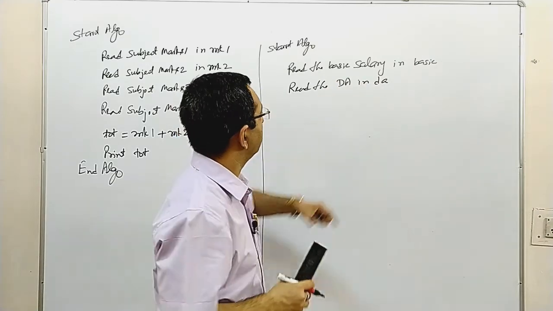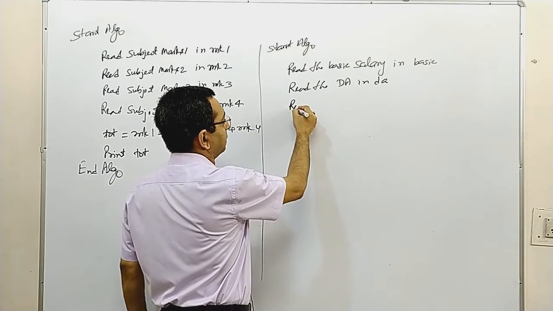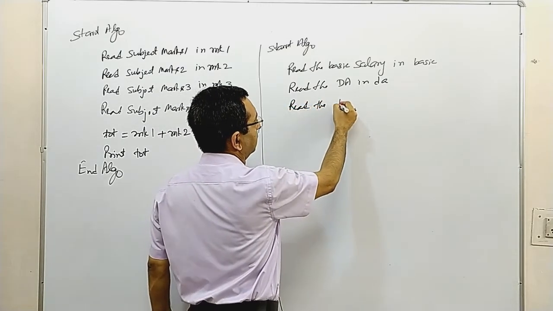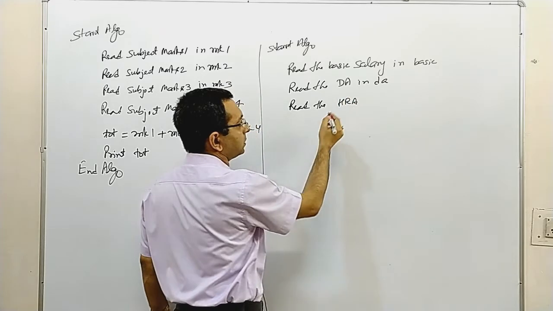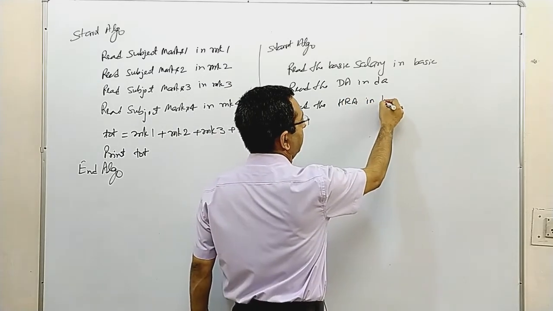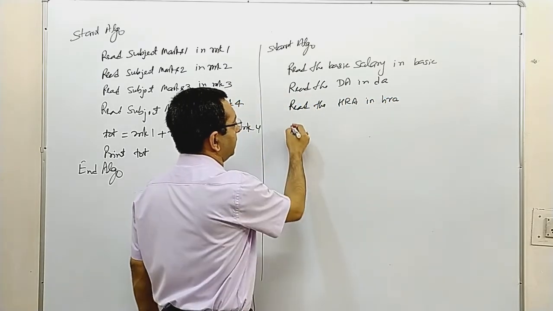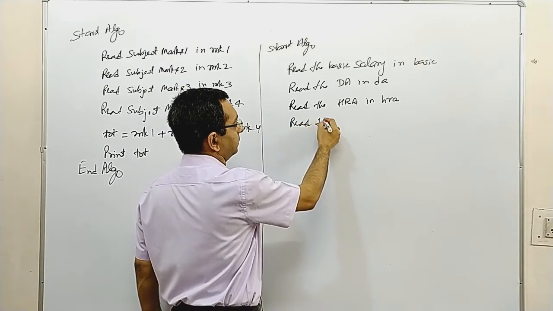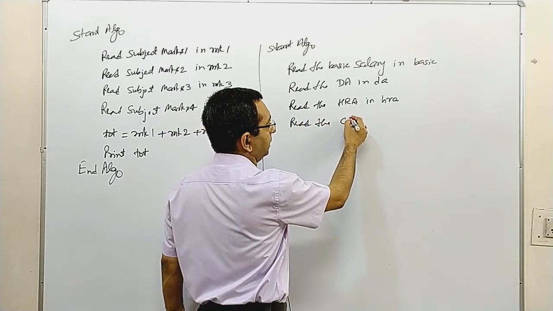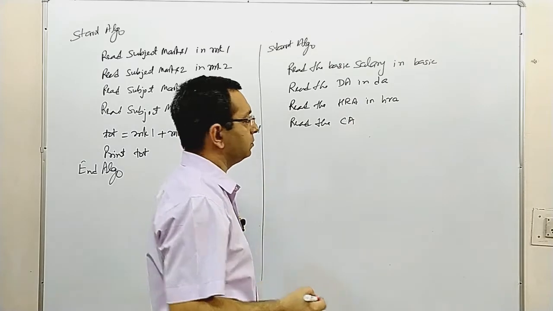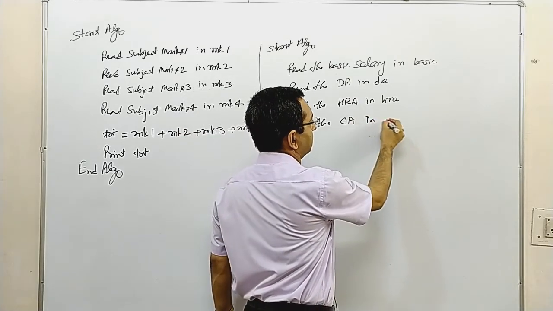Okay, then read the HRA, meaning house rent allowance, in HRA, and then read the CA, compensatory allowance, in CA.